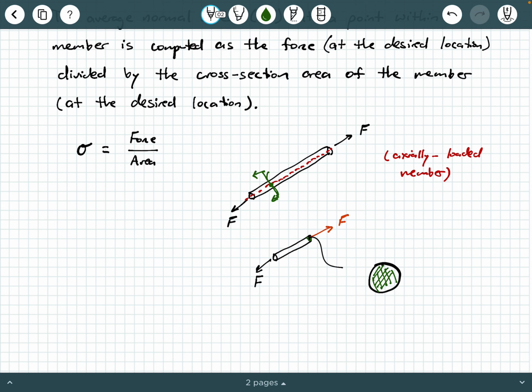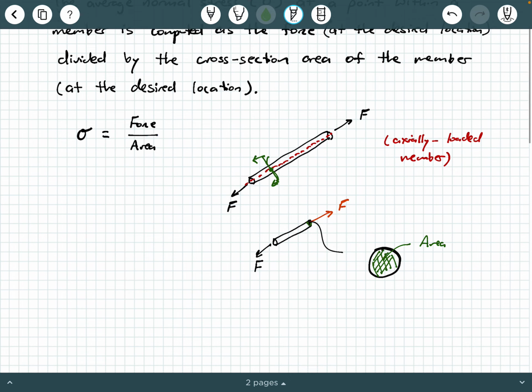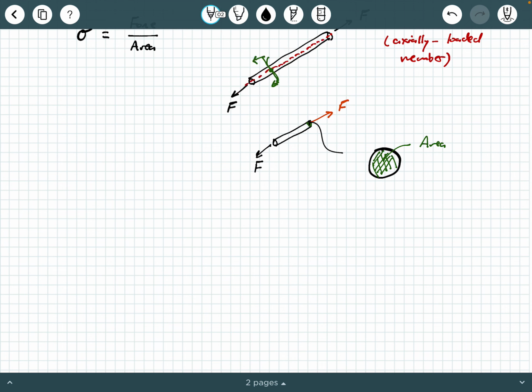So again, it's the internal force, F, divided by the cross-section area at a particular point in a member. Now, the simple formula for that is, of course, just sigma equals F over A. That's the simple formula we see most often.